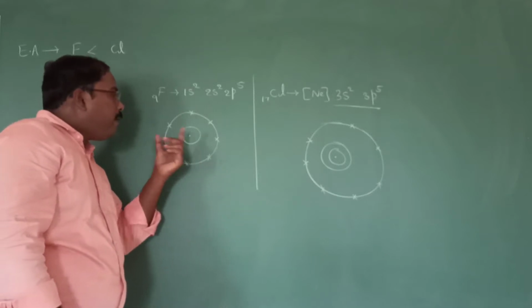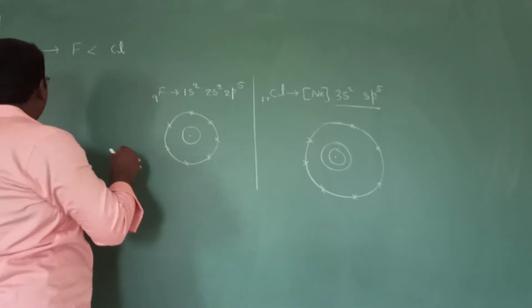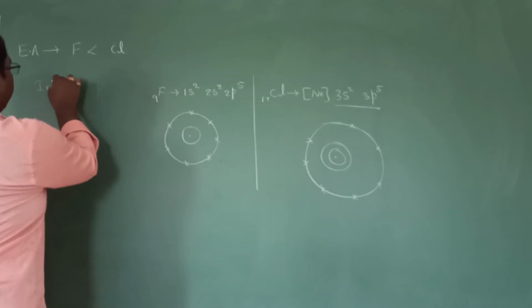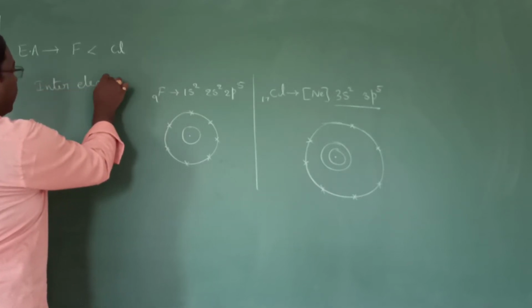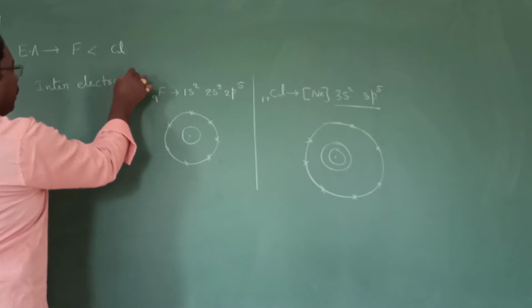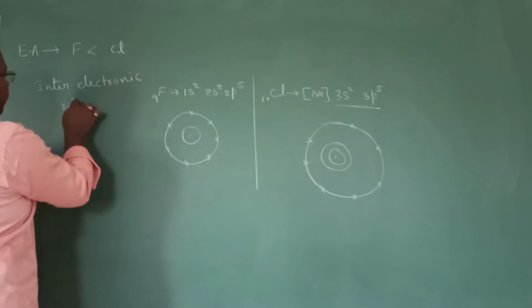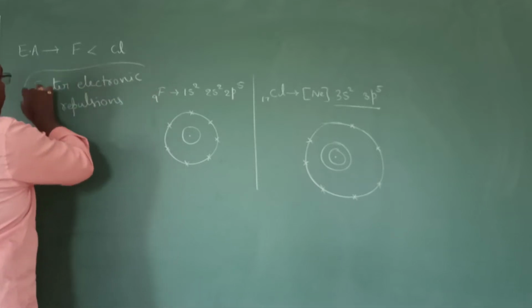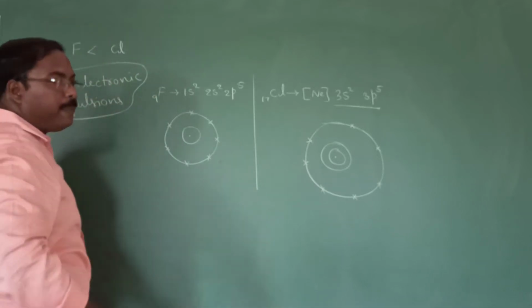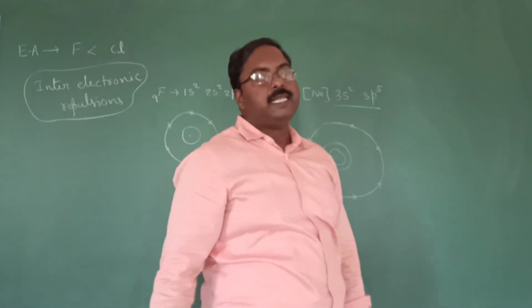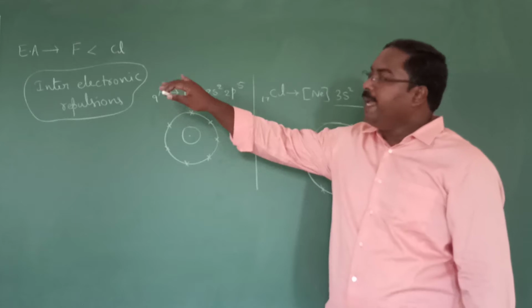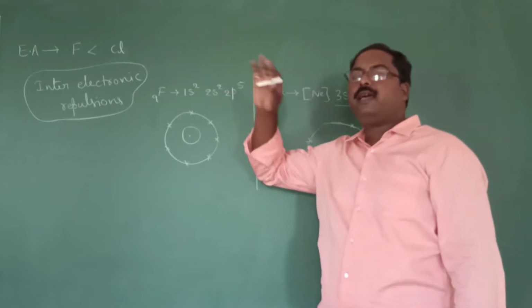These types of repulsions are known as inter-electronic repulsions. The repulsions between the electrons present in the same orbit, or within the atom, are known as inter-electronic repulsions.